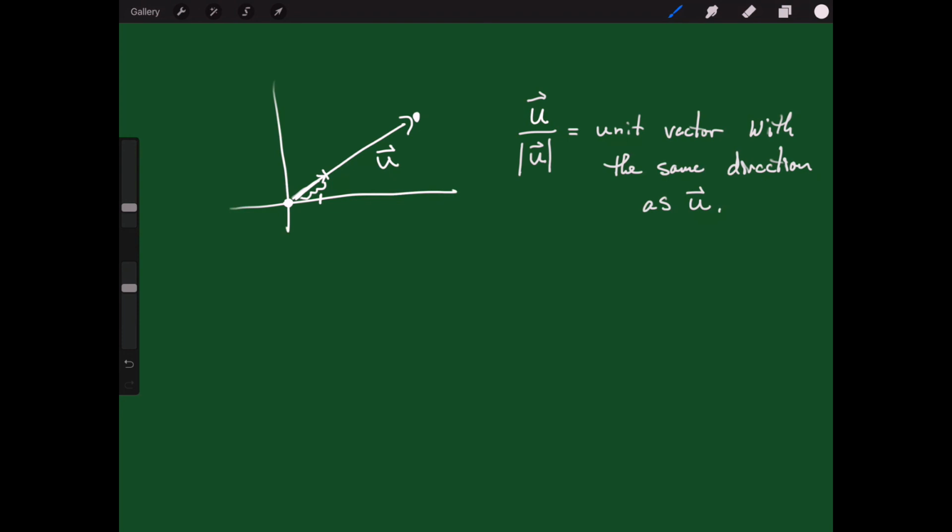So if you want to find a unit vector, then you have to start out with some vector, find its magnitude, and then divide that vector by that magnitude. So let's do an example really quick.